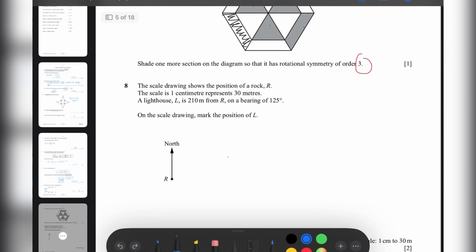Now here you will notice that there's a scale drawing. Now you have to understand 1 centimeter is 30 meters. So what is the measurement given? 210. So you have to divide 210 by 30. So this will be 7 centimeter. So you have to take 7 centimeter on a bearing of 125. Always remember, when we are talking about bearing, you have to measure from north.